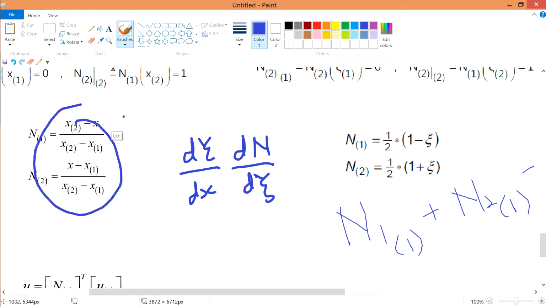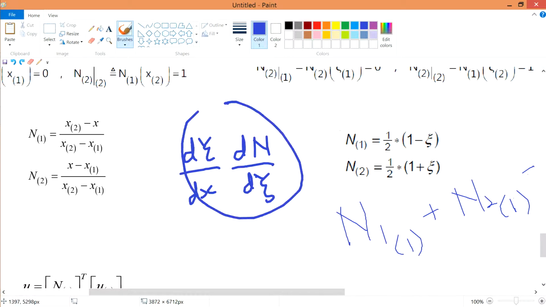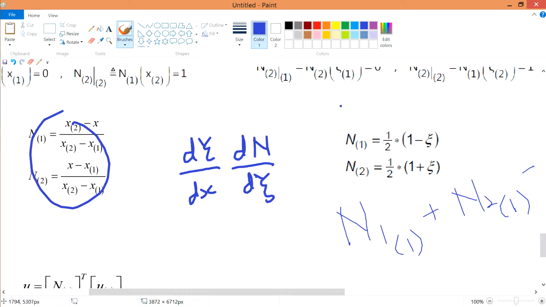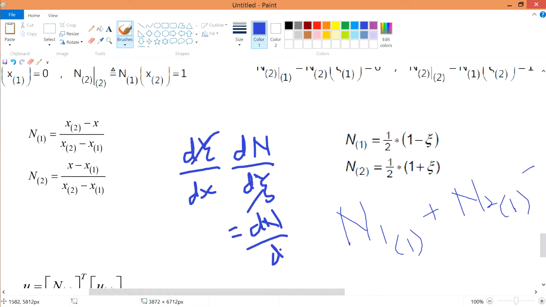This is in terms of x, this is in terms of c. So this equation is trying to link this thing to this thing. By taking dc over dx multiplied by dN over dc, you cancel, you have dN over dx, which is your strain displacement matrix.